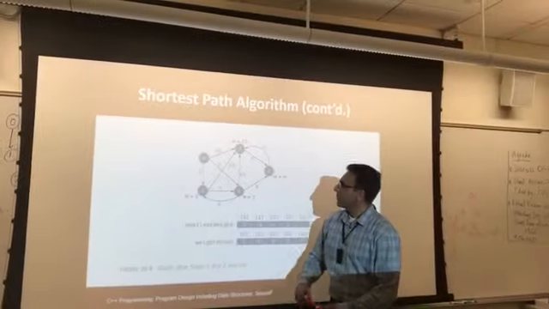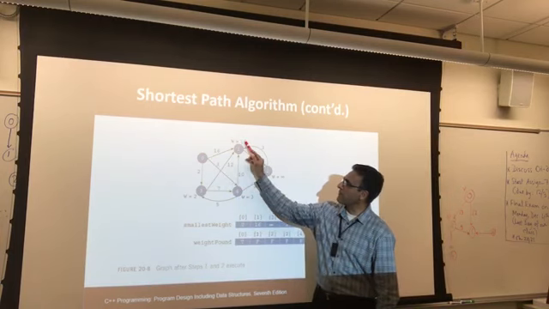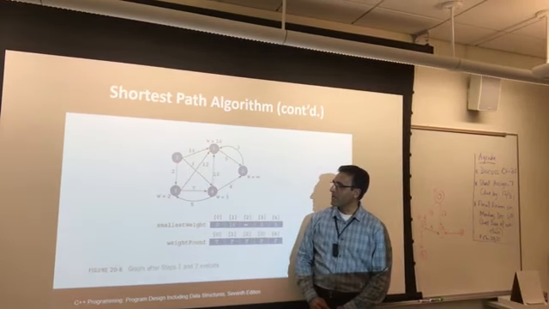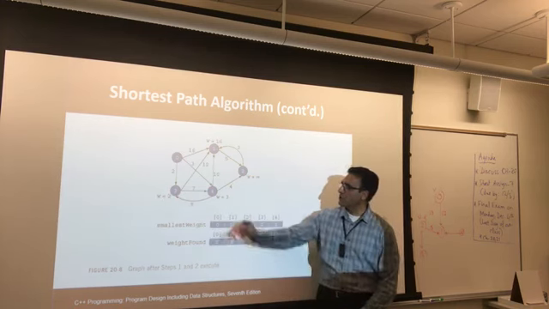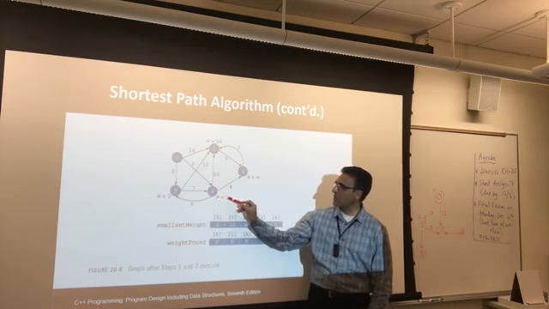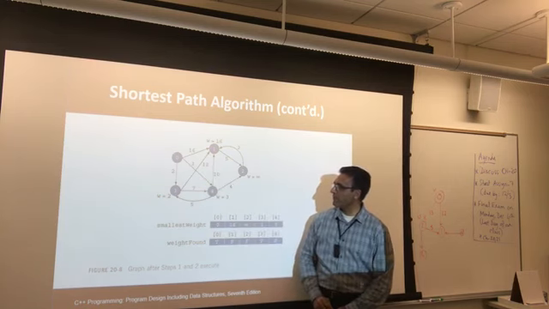So here, from 0 to 1, the weight is 16. From 0 to 3, the weight is 2. 0 to 4, the weight is 3.